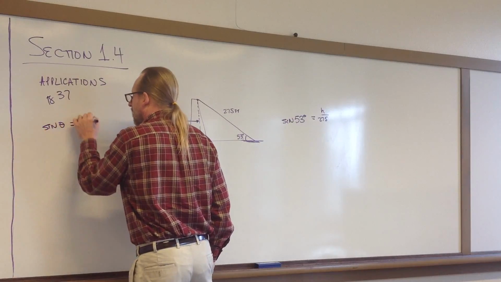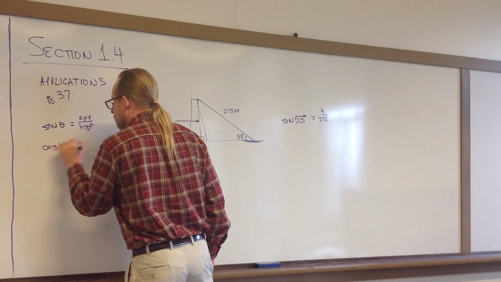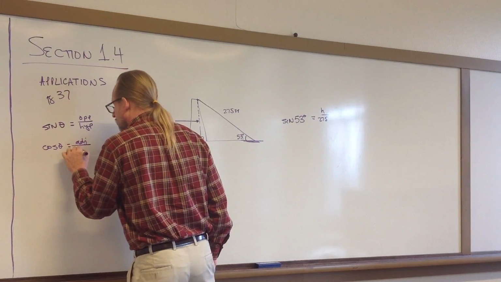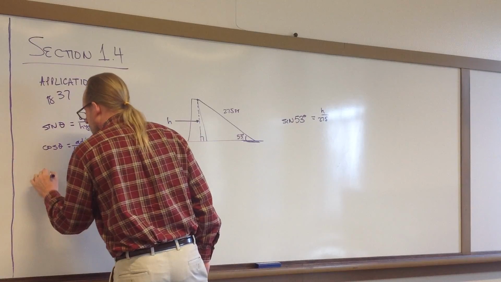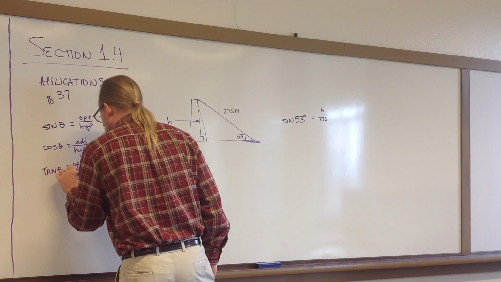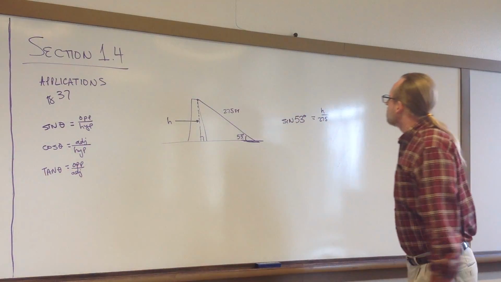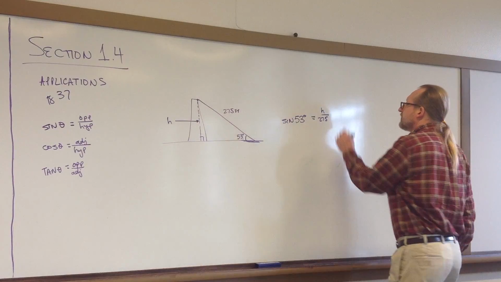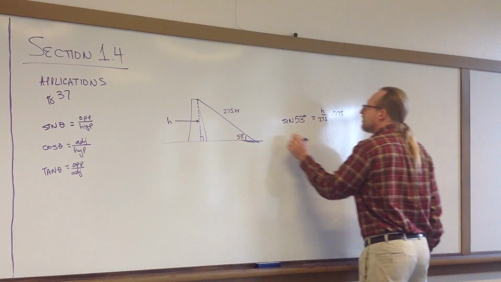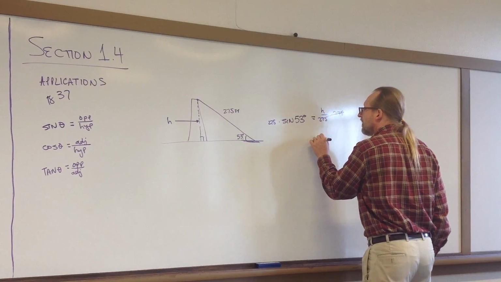So sine is opposite over hypotenuse, cosine is adjacent over hypotenuse, and the tangent is opposite over adjacent. Okay, so all we have to do here is multiply on both sides by 275.